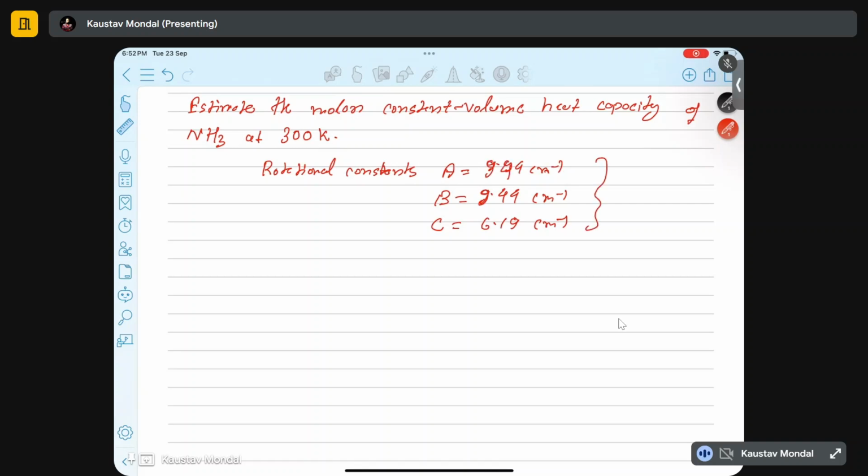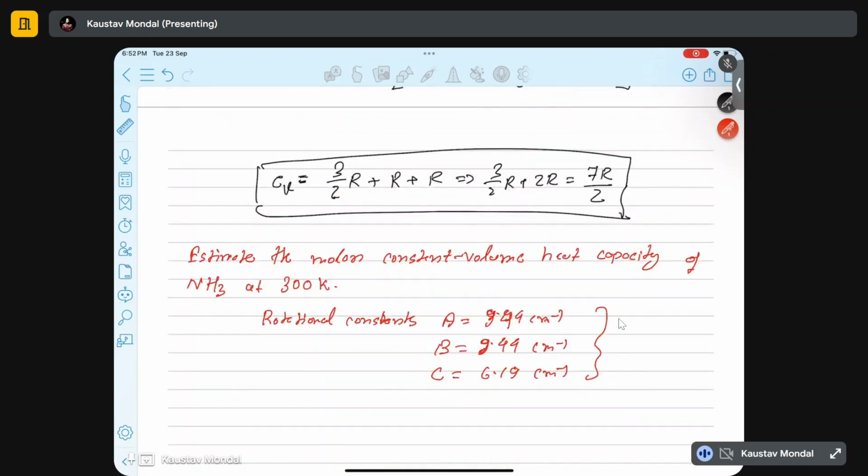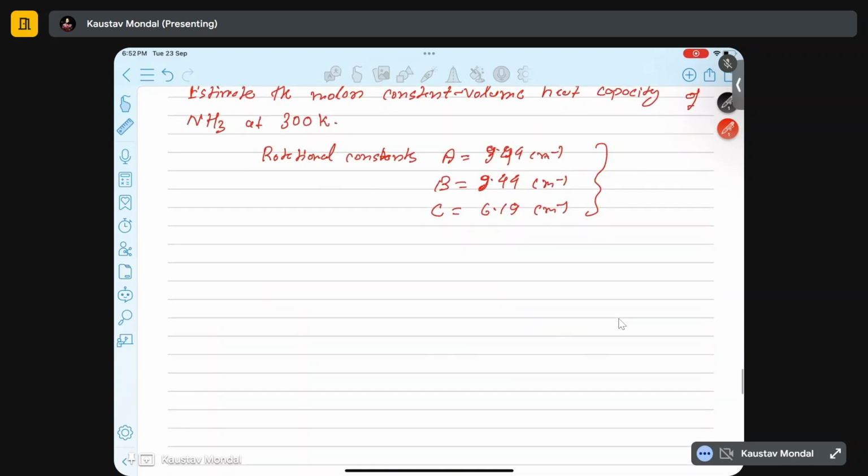So all these three rotational constant values are given. Now what you have to do is calculate the total constant volume heat capacity, right? So how could you do that?